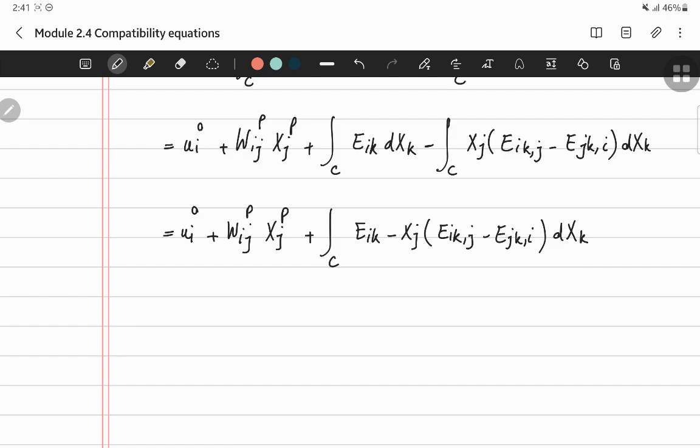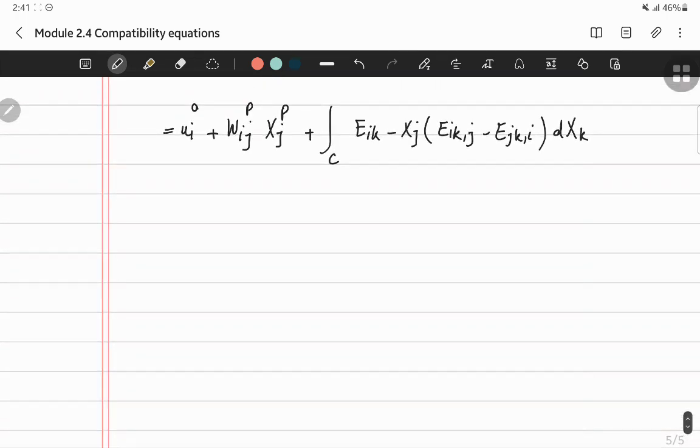All right. So now, if we can show that this integral, which is on the curve C, is independent of this path or this curve C, we can show that this is an exact differential.